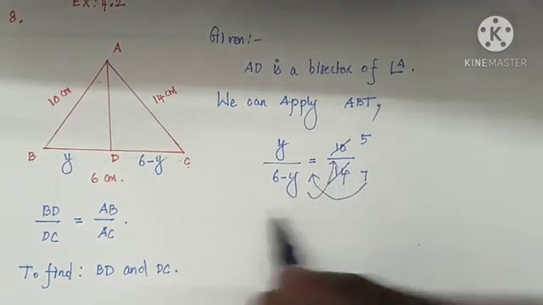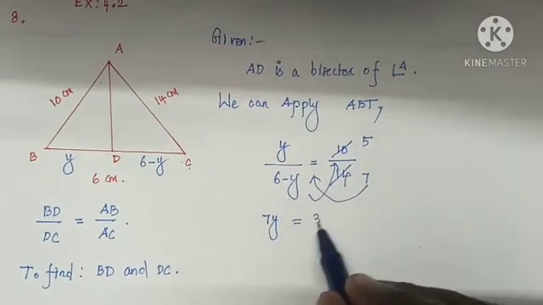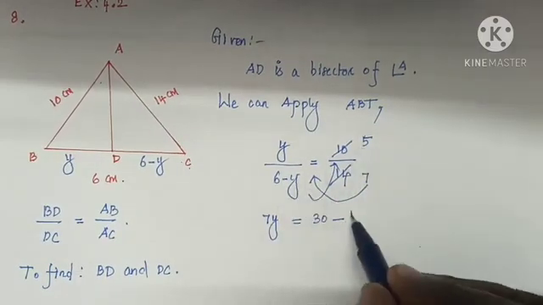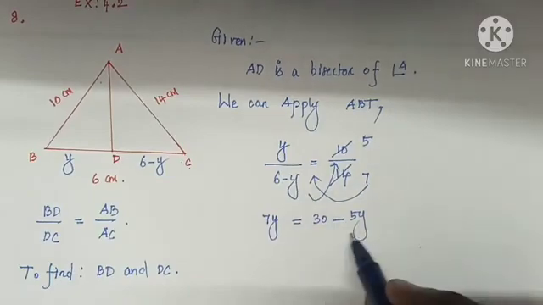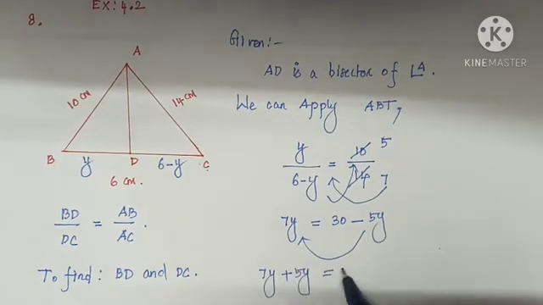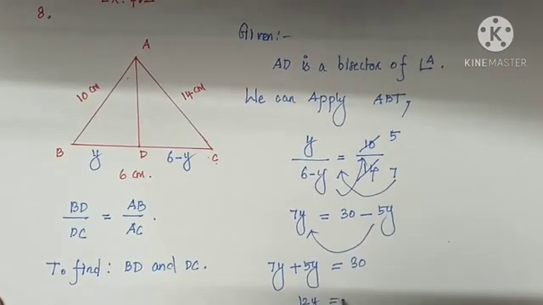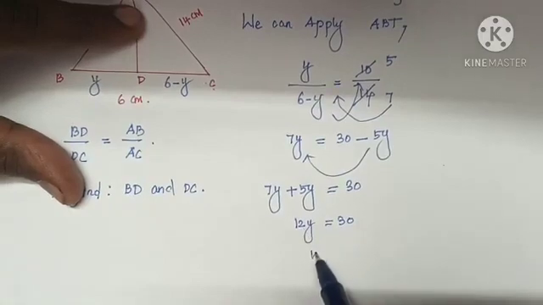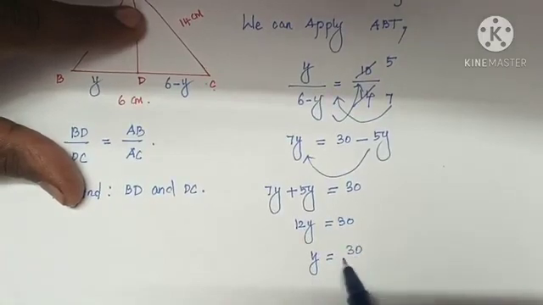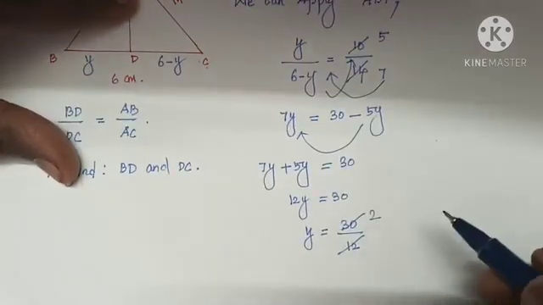Doing cross product, 7y is equal to 5 into 6, 30 minus 5y. Taking this to the left hand side, 7y plus 5y is equal to 30. So 12y is equal to 30. Divide: y is equal to 30 divided by 12.